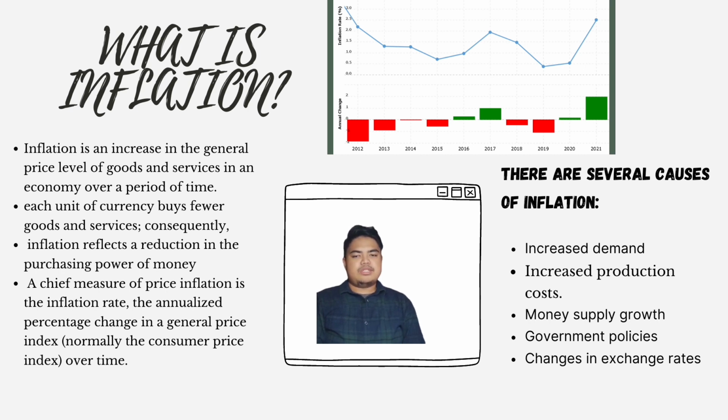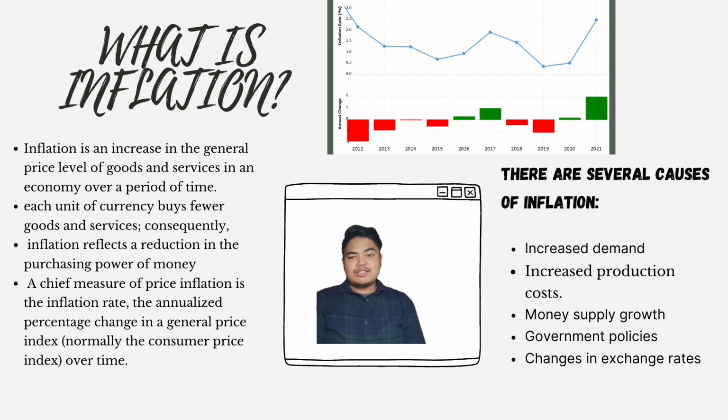The same goes for the annual change for Korea. From 2012 to 2014, the annual change increased from negative 1.83% to 0.03%, decreased to negative 0.57%, and increased back to a positive point, which is 0.27% in 2015.